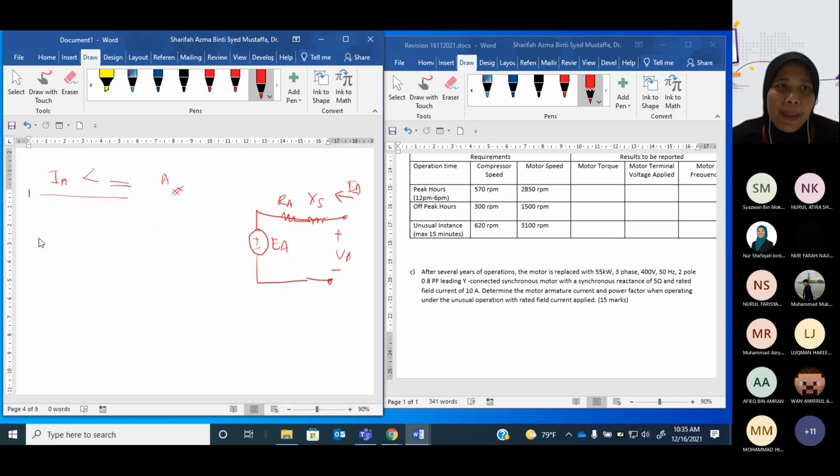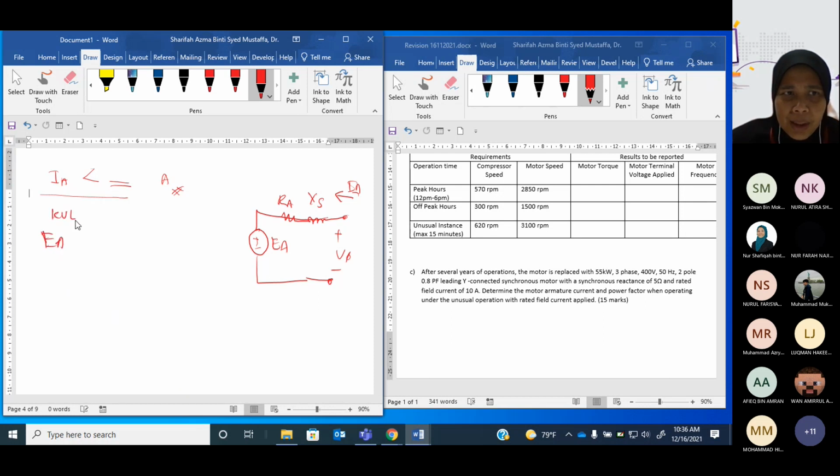Anybody? Nah, cepat. Wafi? Alia mana? Equation apa nak guna? Yeah? EA equals to V phase plus IA RA. Yes, okay.